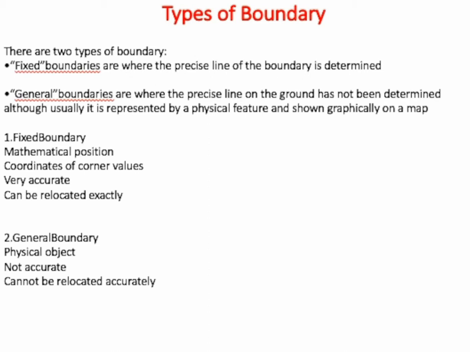In the eyes of the surveyor, the accuracy with which the corner points have been determined during the cadastral survey is the main factor describing the types of boundary, which is a fixed boundary or a general boundary. In differentiation, the regulations that relate to the accuracy requirements of cadastral survey are developed with fixed boundary in mind.